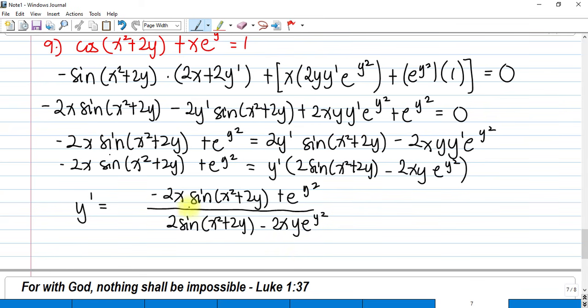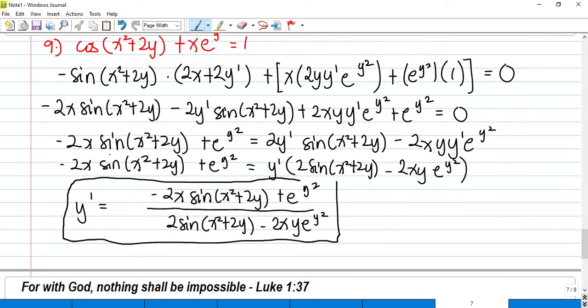Just checking if we didn't forget any sign. Negative 2x plus, then we have 2 sine. Okay, we got the correct answer. So this should be the final answer for our implicit differentiation.